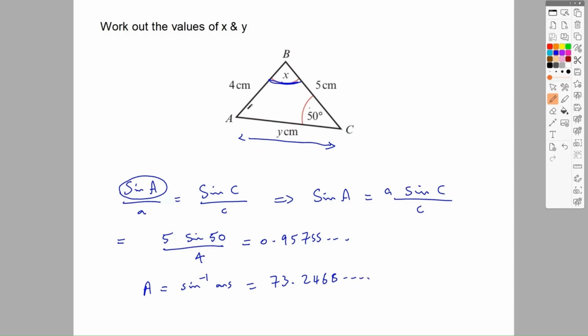So now I have two angles, right? So it's very easy to find the third one. Just take away the total of these angles from 180, because we know that the angles of a triangle add to 180. So x equals 180 minus the angle A, this one, minus 50, equals 56.753.